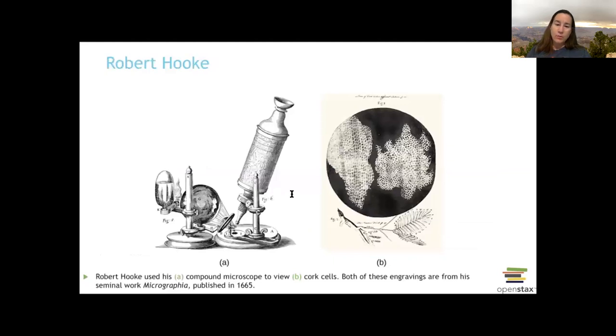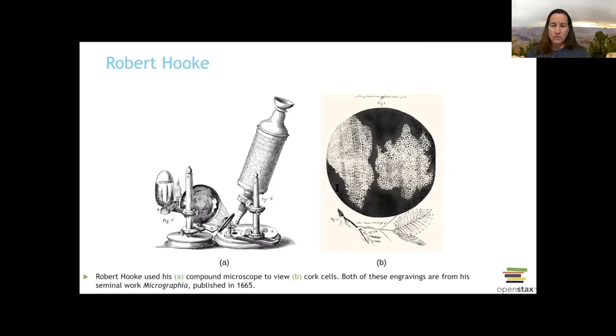Another person that we should know about, this is later on. So the 1600s was Leeuwenhoek, Galileo was the 1500s. Robert Hooke was the 1600s, and I think he passed away in the early 1700s. But Hooke looked at slices of plants. And he published a book. It was called Micrographia. But as Hooke was looking at slices of plants and different types of plants, he had slices of cork.